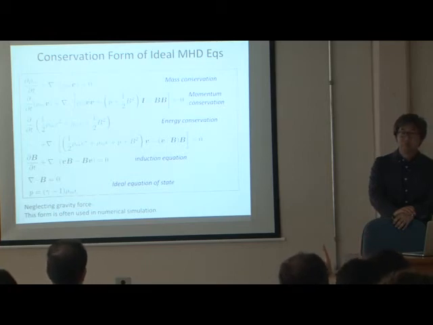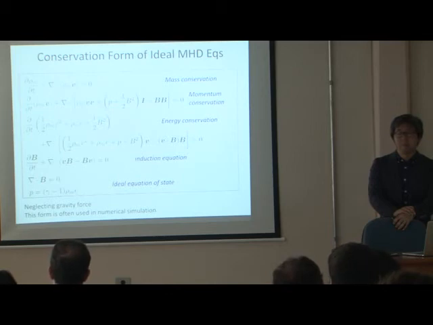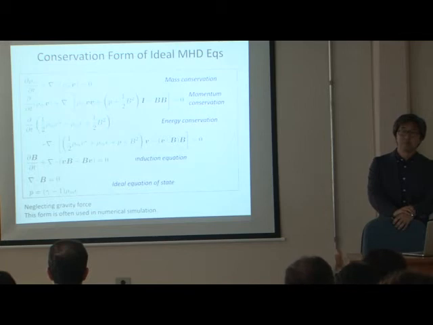Historically you start with the simplest form, the standard ideal MHD form. But most of the codes nowadays deal with these extra ingredients, most of them as source terms on the right-hand side of those equations.